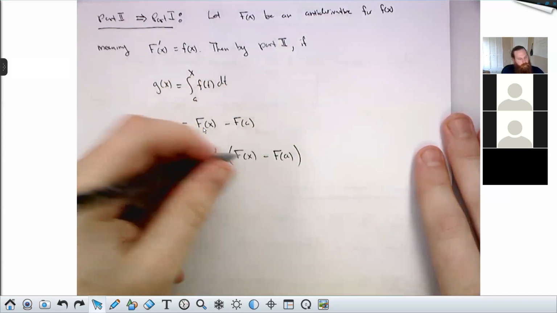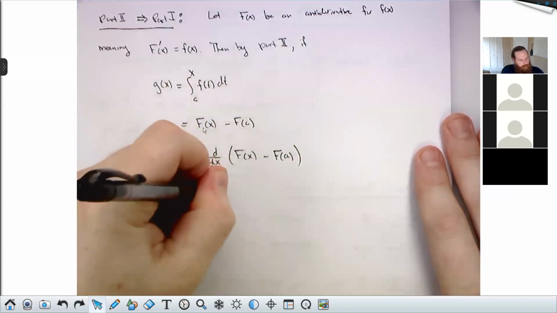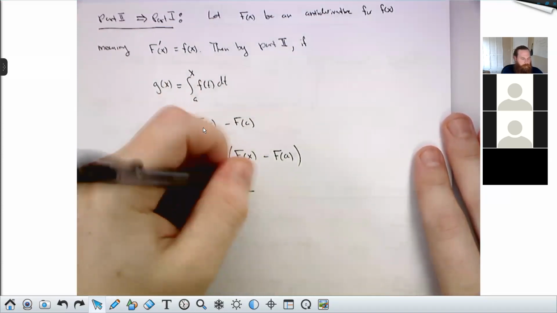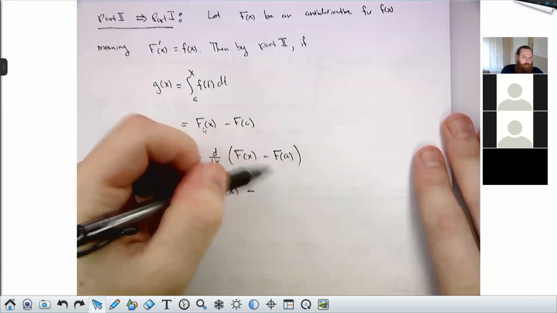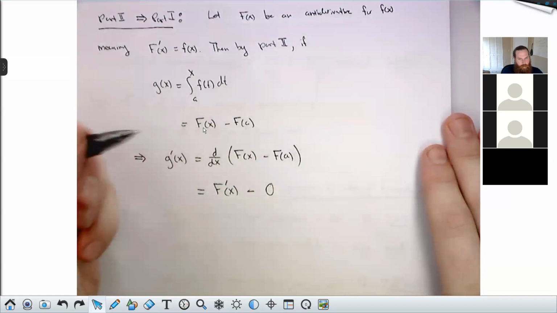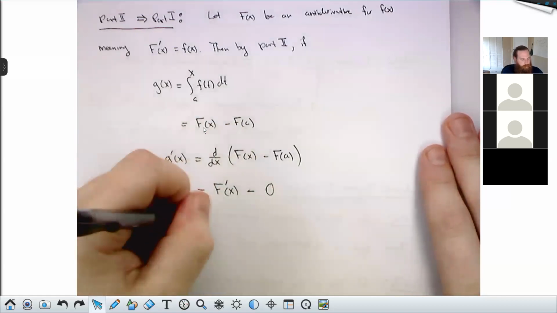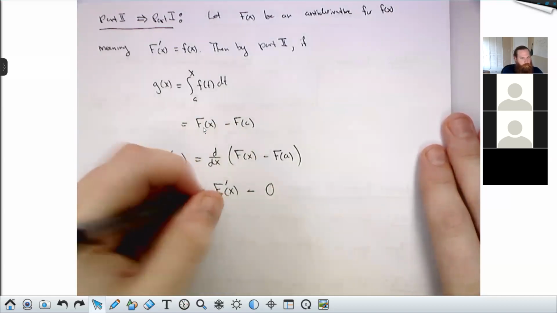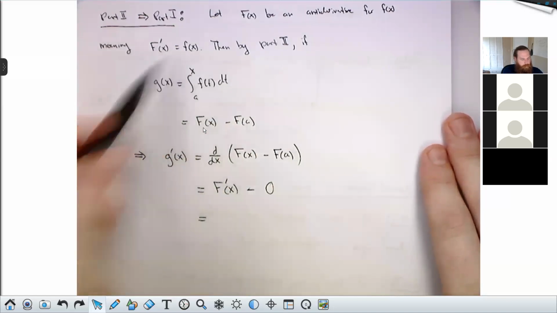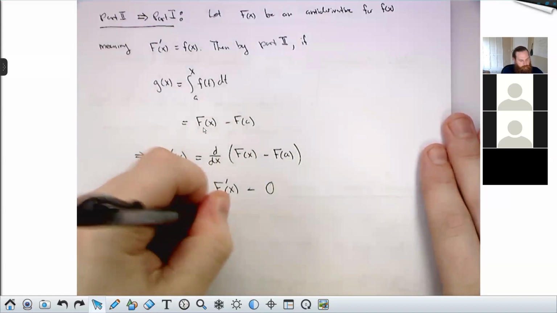But when you differentiate capital F, you get capital F primed of x minus the derivative of capital F of a, which is 0 because a is a constant, so capital F of a is a constant. And then what is capital F primed? Well, capital F is an antiderivative for little f, so this is little f of x.